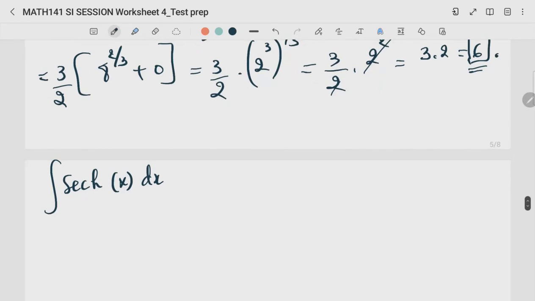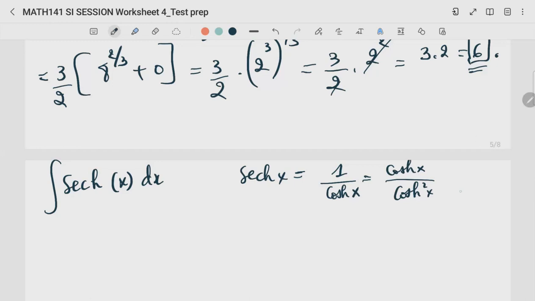You know that sech of x is equal to, if you remember from the first semester, 1 over cosh of x, which is the same as cosh x over cosh squared of x, right?